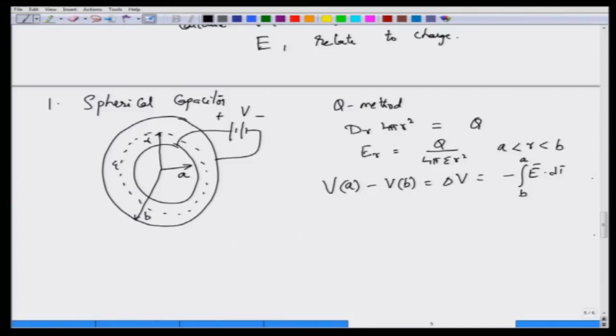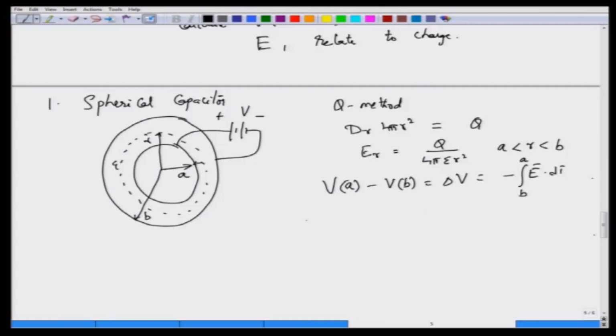Now, I know that I can choose any path. Let me choose a path which is convenient to me. The electric field is radially decaying, so I will choose a radial path. Okay. So, I come from r to A, this is the path that I will choose. Radially I will come from the sphere of radius r to the sphere of radius A. Radius A is the one where we have kept one metal shell.